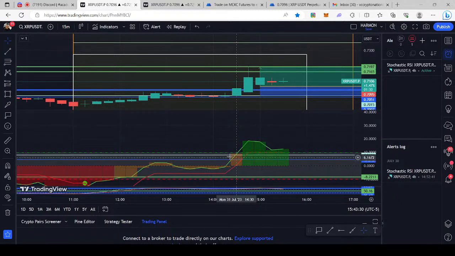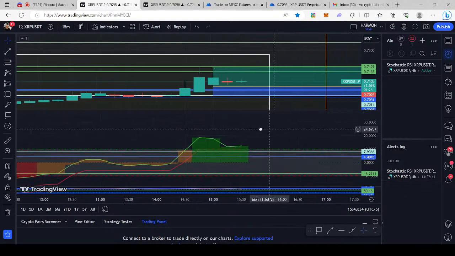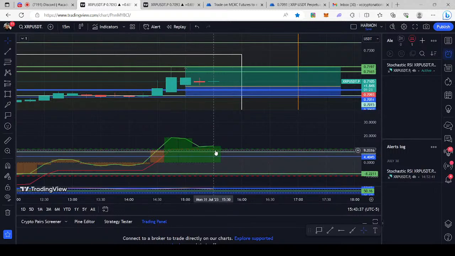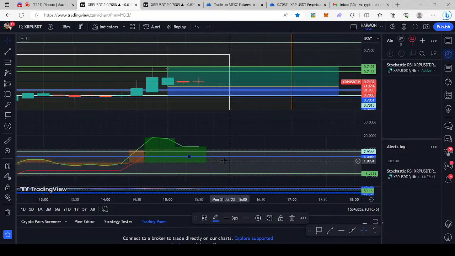So right here, we can see it broke the 4, and now we wouldn't go into a short on this again until the volume breaks below the 4. So right now we'd be sitting here going, okay, if this volume gets below this 4, then we'd be going for another short in here.